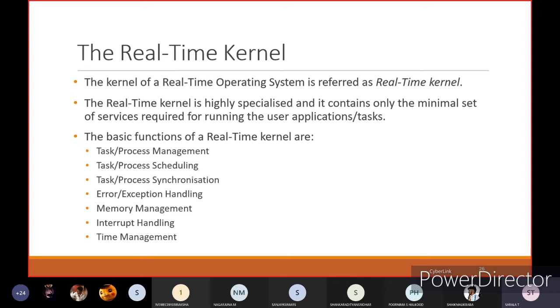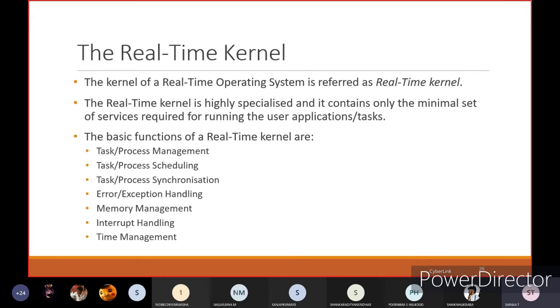That is error and exception handling. And memory management: whenever we see processes and tasks, the data requirement of the highest priority process or task should be given first, and then you can go for the least priority task or process. That's why memory management also comes into place in the real-time kernel.